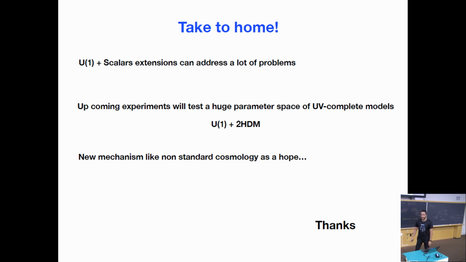Okay, just take-home message: as I said at the beginning, this kind of extension can address a lot of problems. The upcoming experiments will take this kind of extension as a benchmark point, so it is important for us, the phenomenologists and theorists, to explore these extensions more deeply, and perhaps new mechanisms like non-standard cosmology can in some sense save the models or give a new explanation for dark matter.